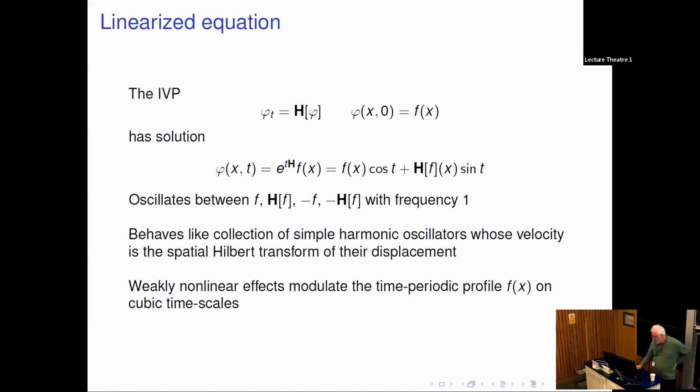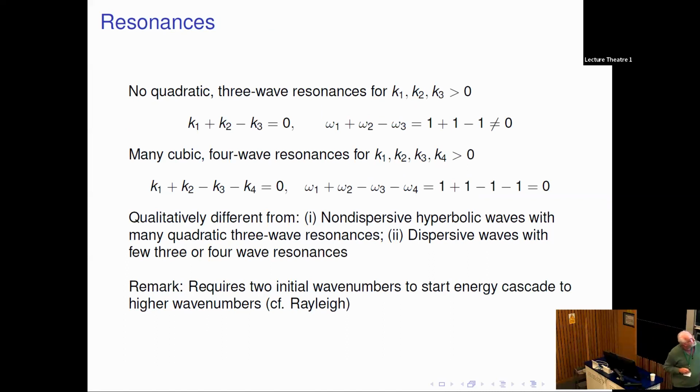Now, the key thing in terms of nonlinearity is, what are the dominant resonant nonlinear effects? Well, there are no three-wave resonances in this problem, because if you have 3 wave numbers adding up to 0, the frequencies can't add up to 0. So this differs a little bit from the talk that Mark Blythe gave.